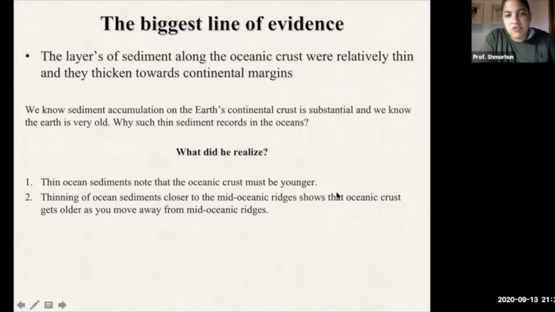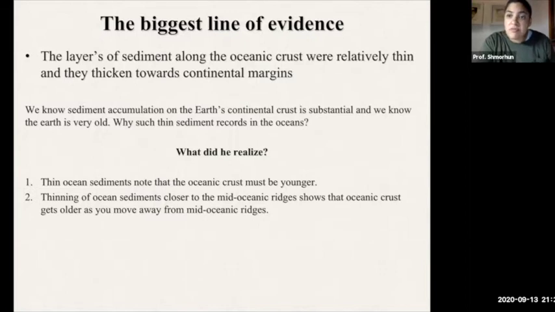In the mid-20th century, geologists knew a ton about sediment accumulation on Earth's surface, with a lot of the sediments moving from terrestrial regions into our oceans through the introductions of rivers and streams. So if we have about 4.5 billion years of Earth history, we would expect to have a ton of sediment accumulation along the continental margins.